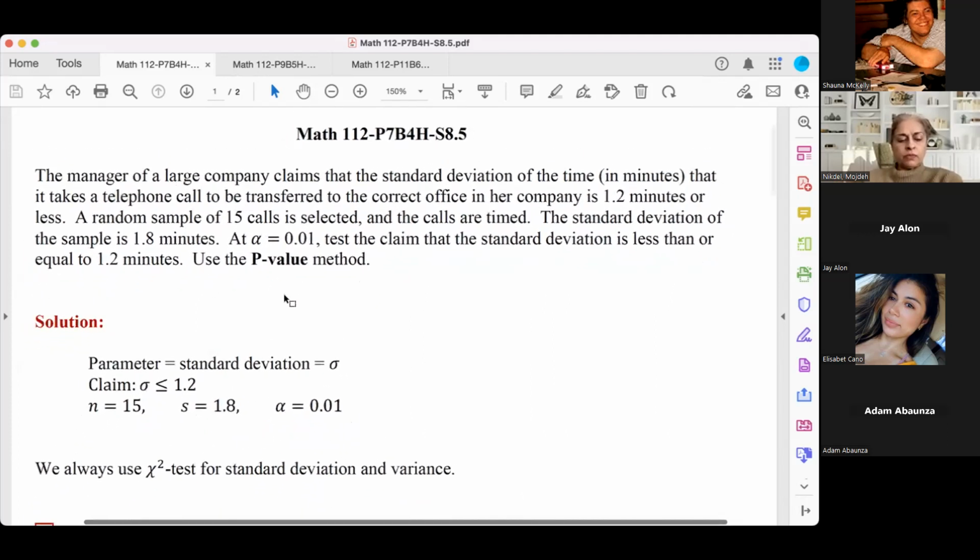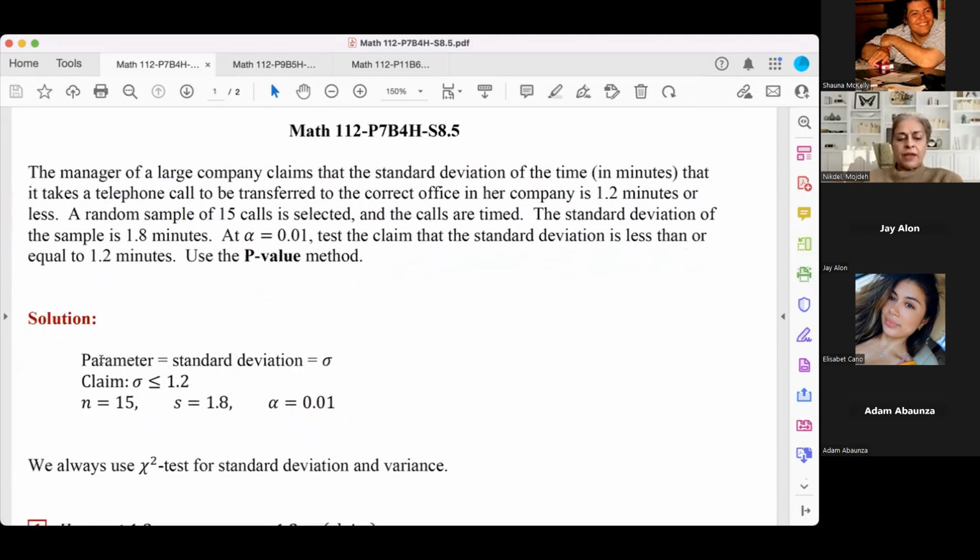When the parameter is variance or standard deviation, we're going to use the chi-square test. So our claim is sigma less than or equal to 1.2. Where do I put this claim? Does it go with the null hypothesis H0 or the alternative hypothesis H1?